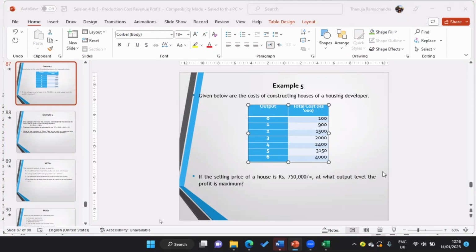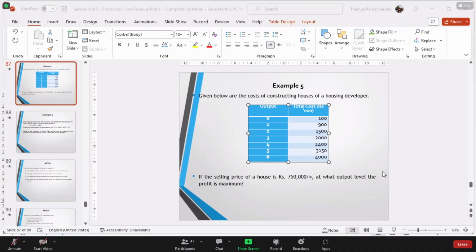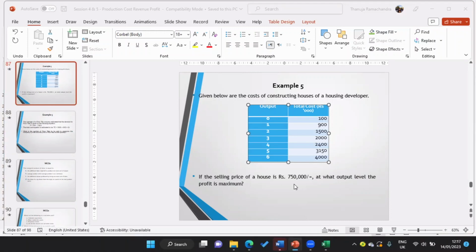Okay. So selling price is given. So any output per house is sold at 750,000.